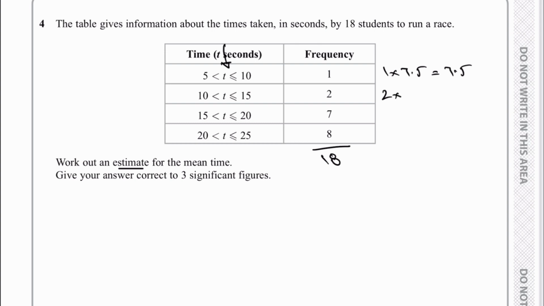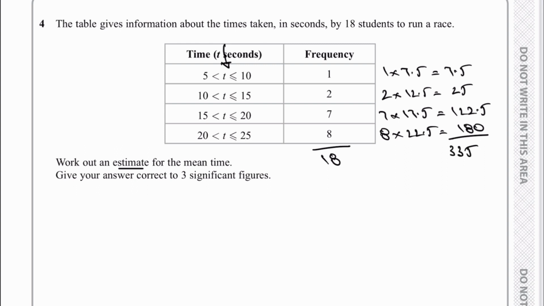Those 2 students achieved an average time of 12.5, so therefore that would be 25 seconds in total. 7 students achieved an average of 17.5, so we're using the midpoints in each particular case, and that just makes our calculation a little bit easier. Then when we get to the end, we're going to add it all up, and that will give us the total amount of time, which is actually 335 seconds.